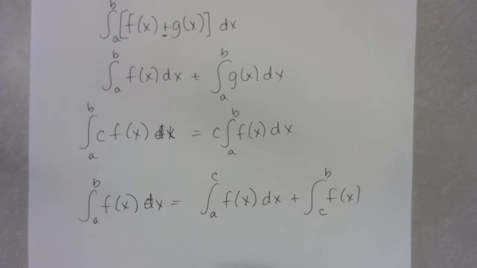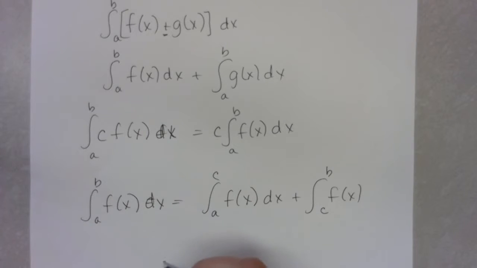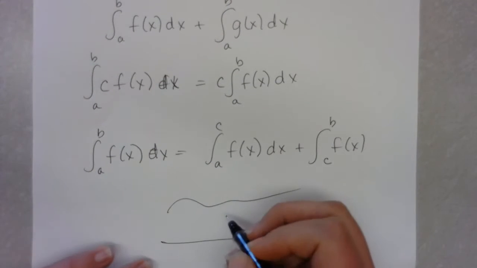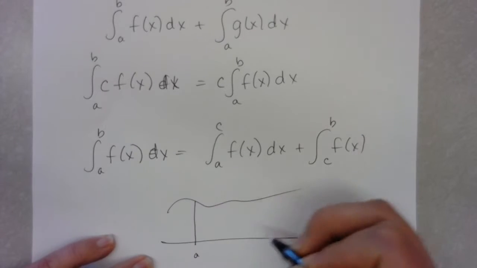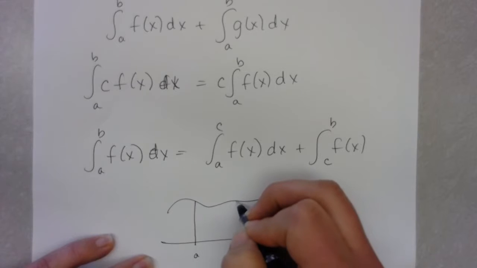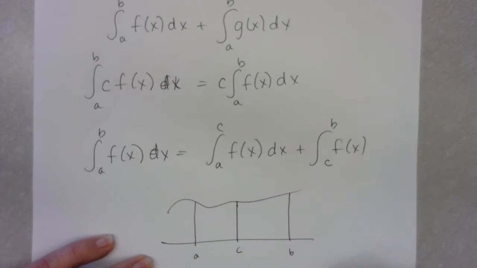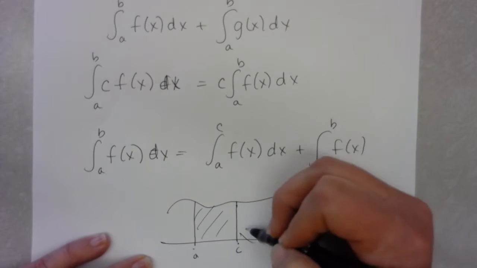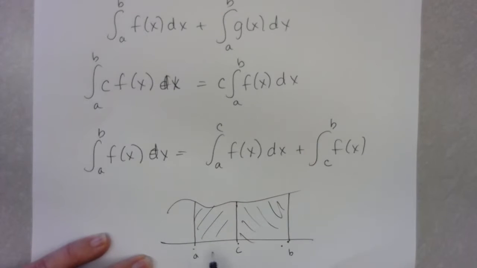Essentially it's like if I have some curve here, and I'm looking at this area and I know that here's my a and here's my b, and then I'm just going to choose some random c in here. Then if I add a to c and c to b together, I get a to b, because a to c is this part, c to b is this part, but then a to b is the whole part, so I can just add them together.